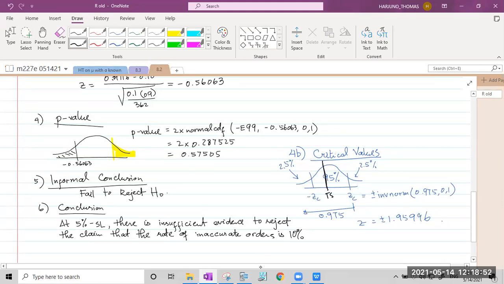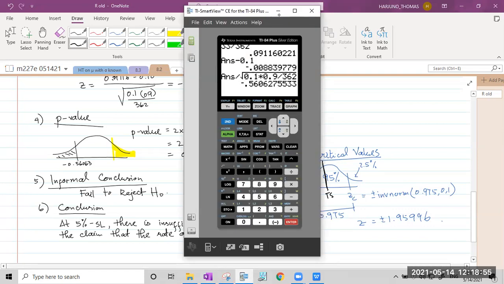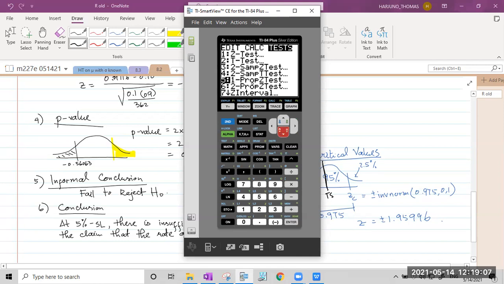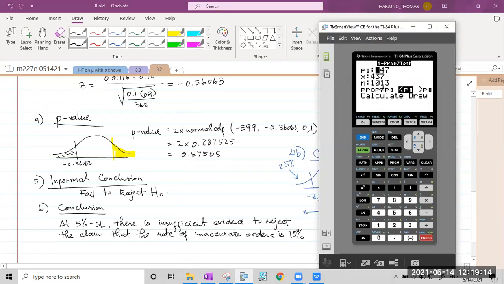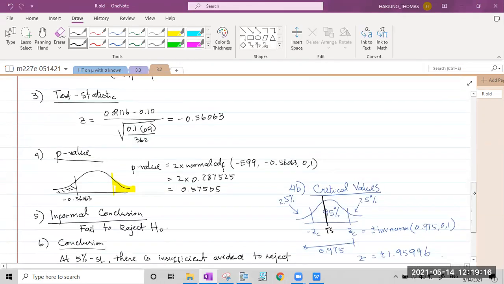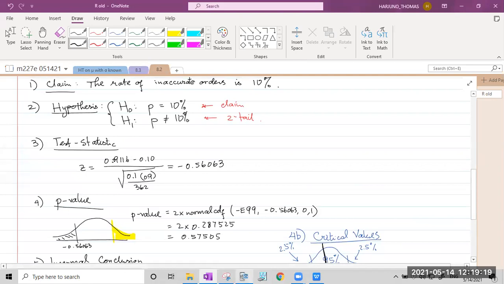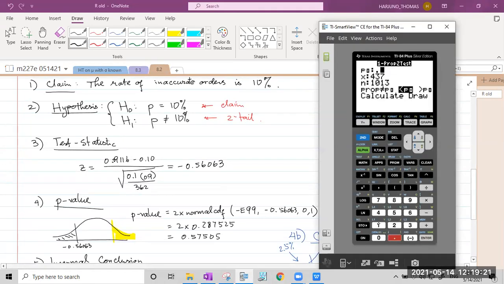Now, how about using the calculator to check? Using the calculator to check, you go to stat, test, 1 proportion Z test, number 5, not number 6, number 5, 1 proportion Z test. Okay, and what is the test number? In this case it is 10%, I believe, right? So 0.1, sample size 362.